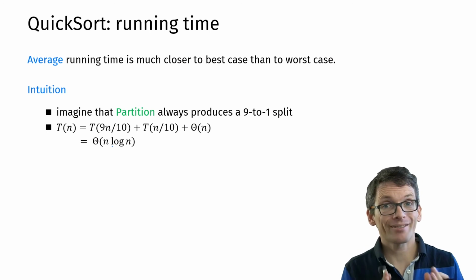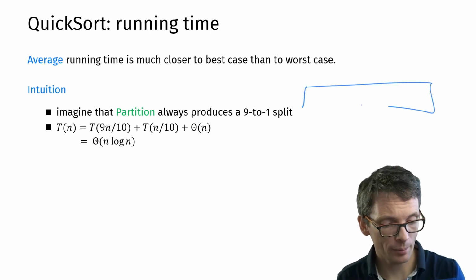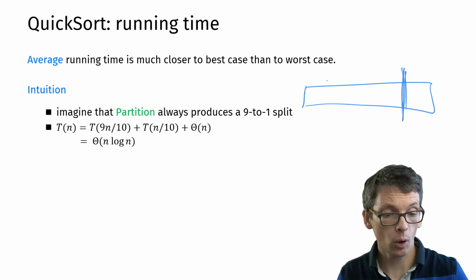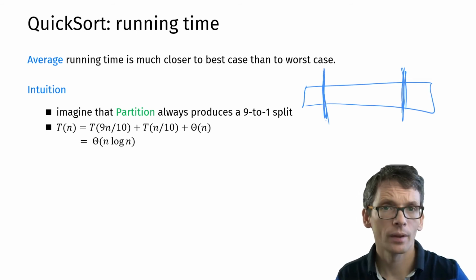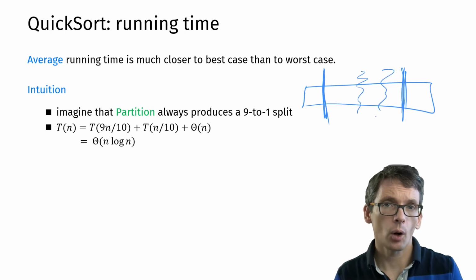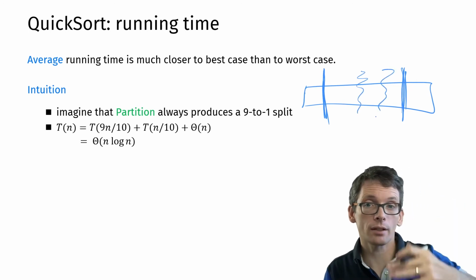So if we have nicer splits, back to our example, this was a split somewhere here. Now we could have a split somewhere here or here. All of the nicer splits actually give us even nicer running times.